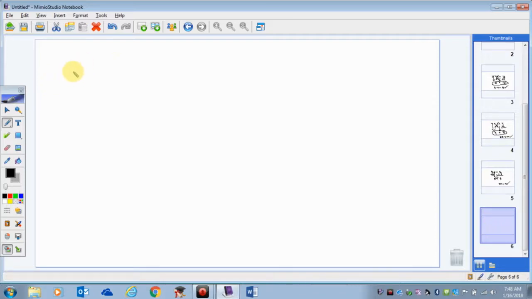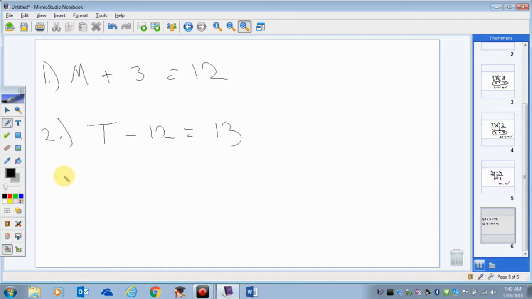I'm going to do m plus 3 equals 12. It's going to be the first one. Second one will be t minus 12 equals 13. Third one will be, let's see, w divided by 2 equals 14.